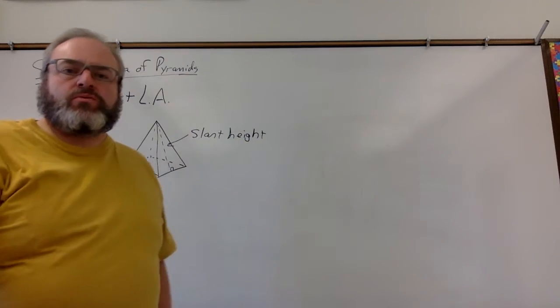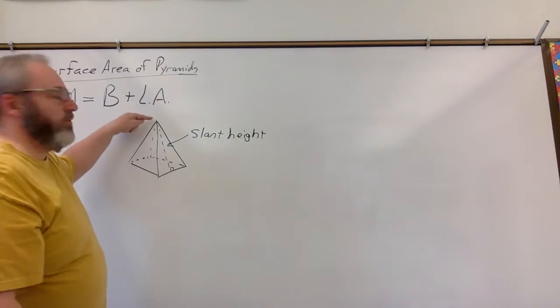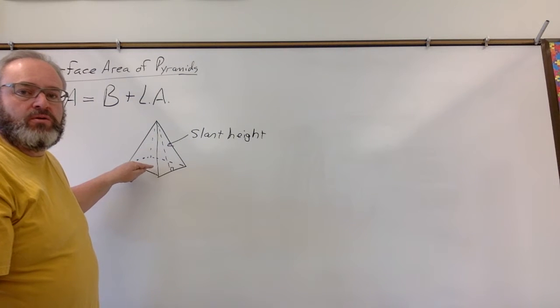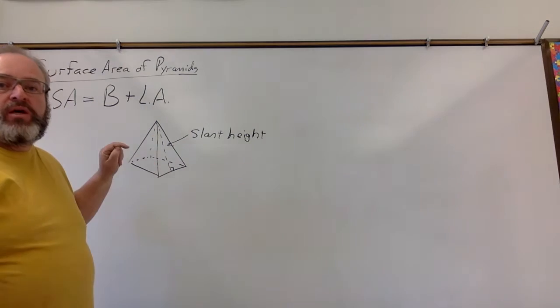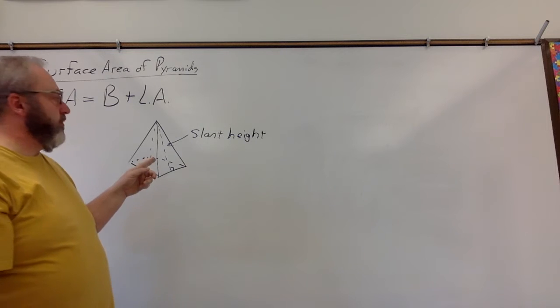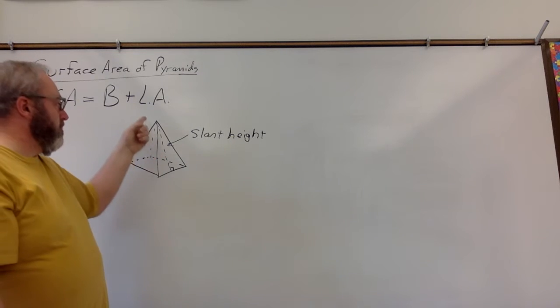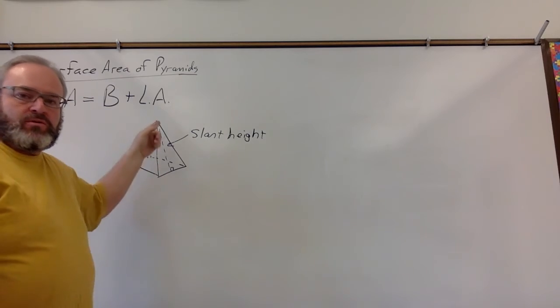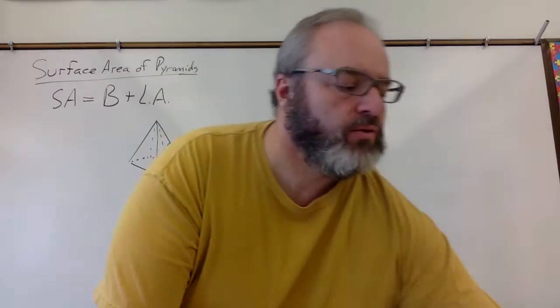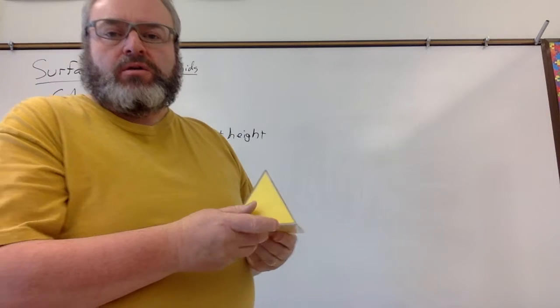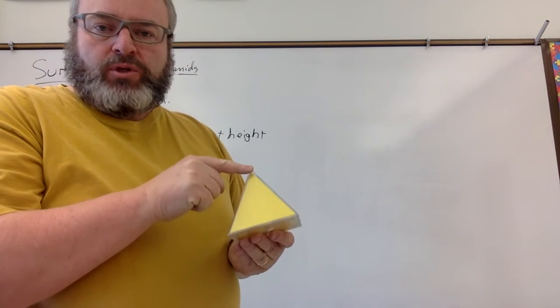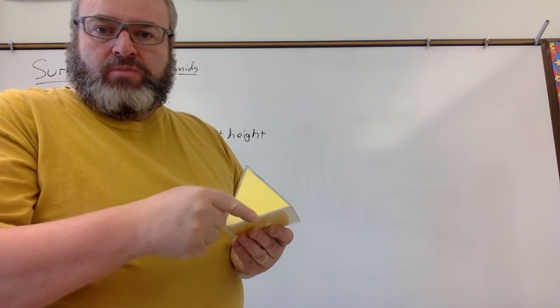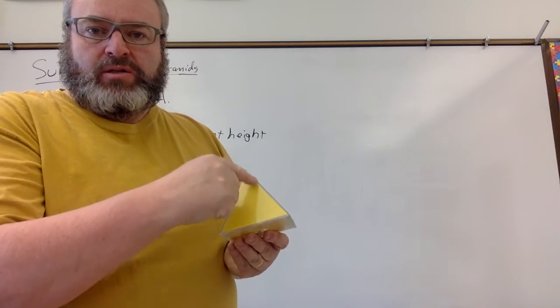Okay, previously we've talked about the height being the height from the center down to the very center of the base. We use that to find volume, but to find surface area, we need to know this slanted height going down the side. So if I were to show that to you on here, it would be the distance from the point right down to the middle of this side, the slant height.